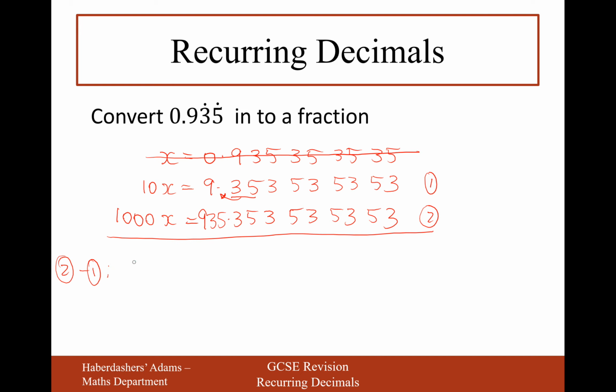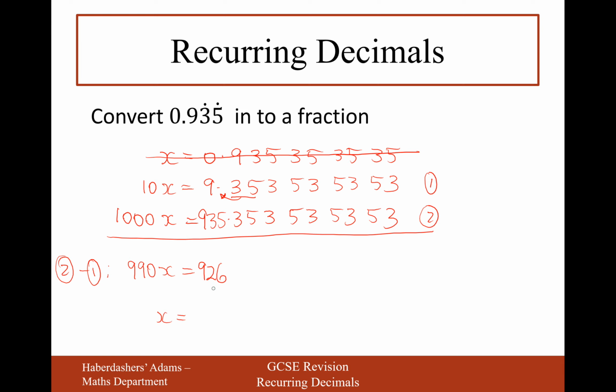1000x take away 10x will be 990x. 935 minus 9 will be 926. And then it's going to be 0.000 because all of the decimals cancel each other out.